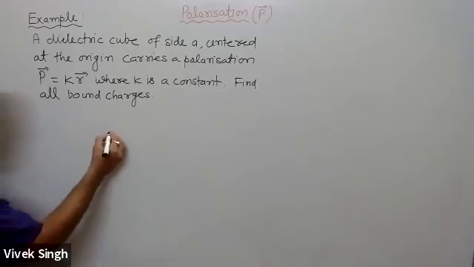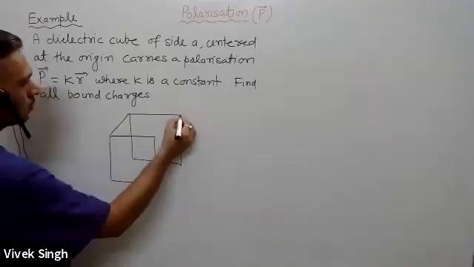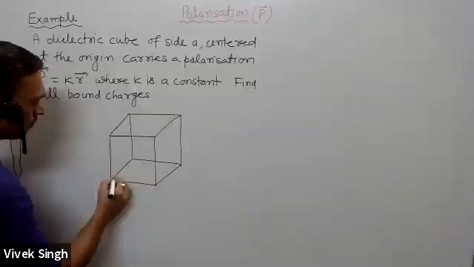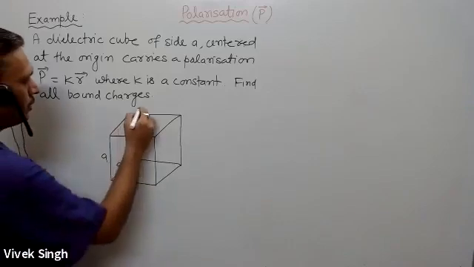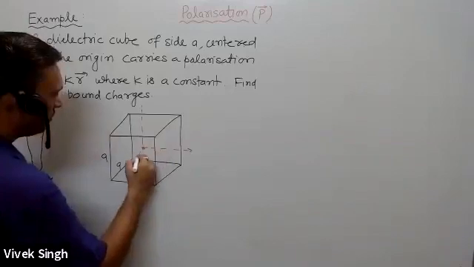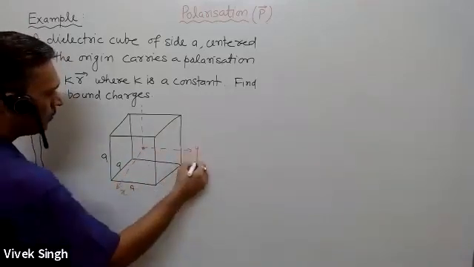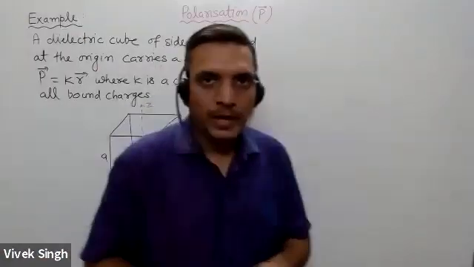So in this case, you have a polarized dielectric cube. Its side is A, and this is centered at the origin. This is the X, Y, and Z direction. So you have to find all bound charges in this case.